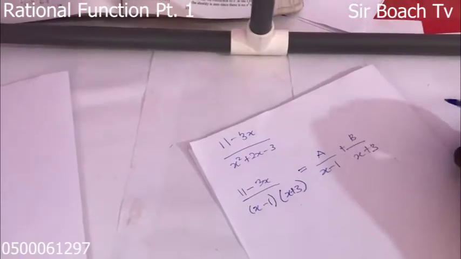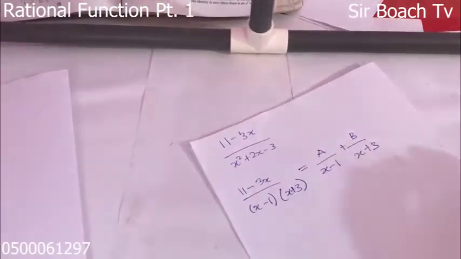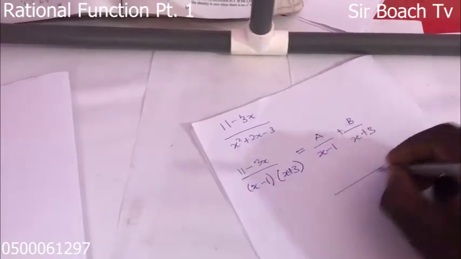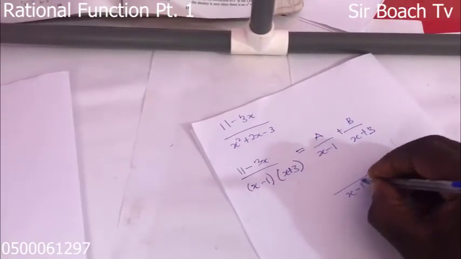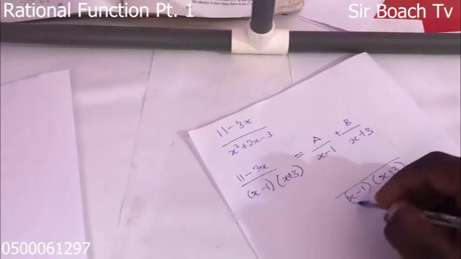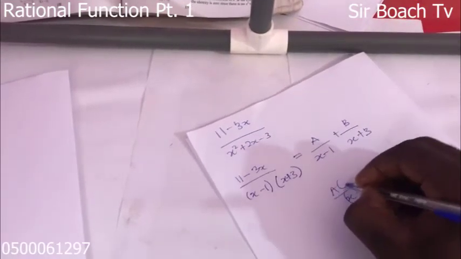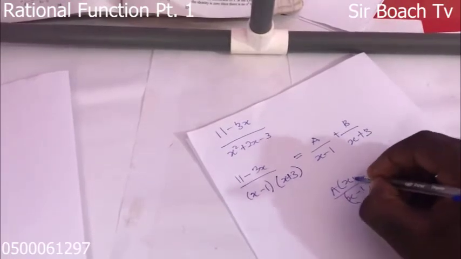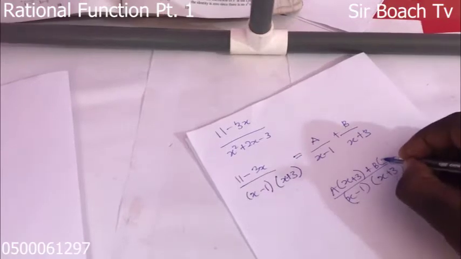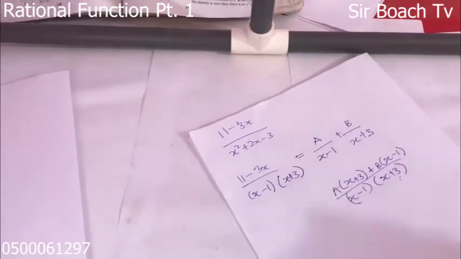Now from there, what do we do? We find the LCM of this fraction. So the LCM of this fraction is x minus 1 and also x plus 3. Now this goes here this time. So we're going to get a bracket x plus 3 plus b bracket x minus 1.